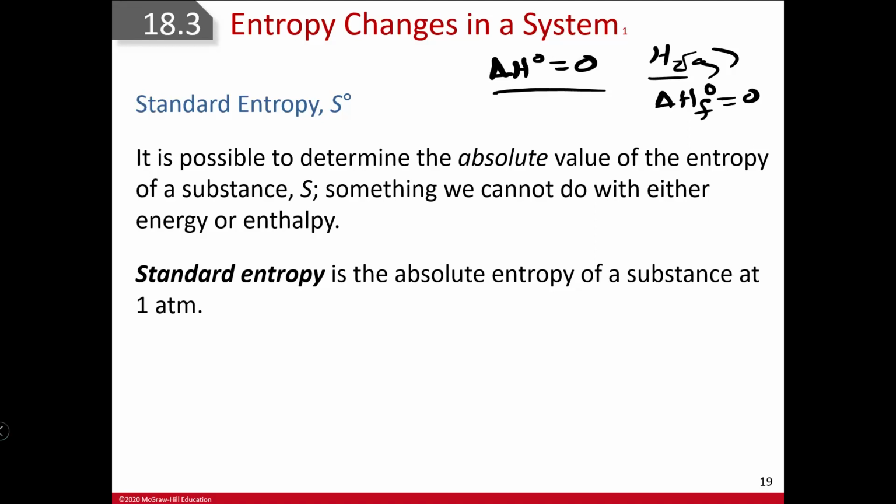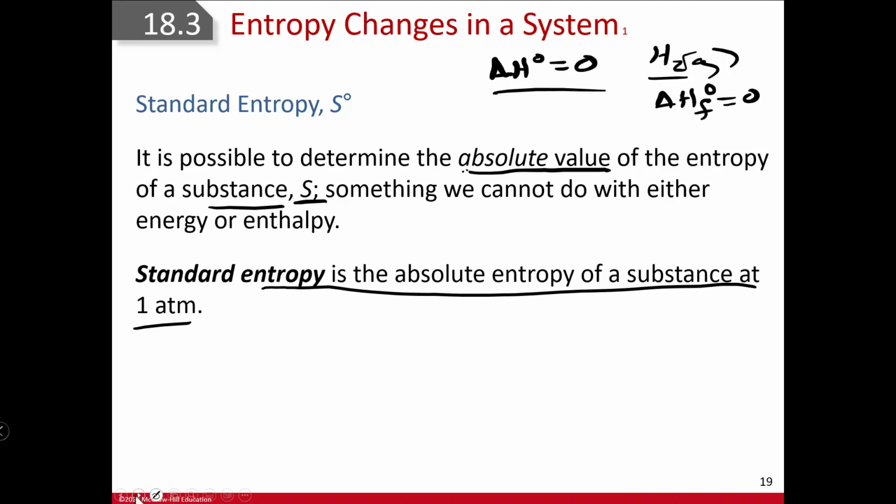Entropy actually has an absolute value. It is possible to determine the absolute value of entropy of a substance. There is a 0 point: a crystalline solid at 1 atmosphere and 0 Kelvin has an entropy of 0.